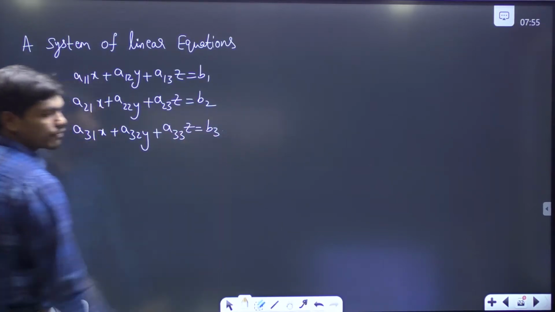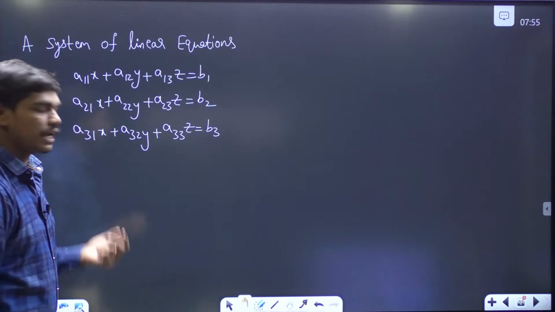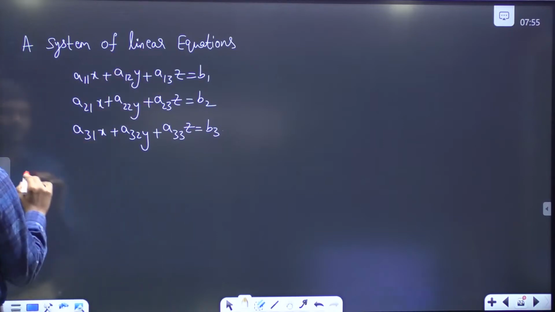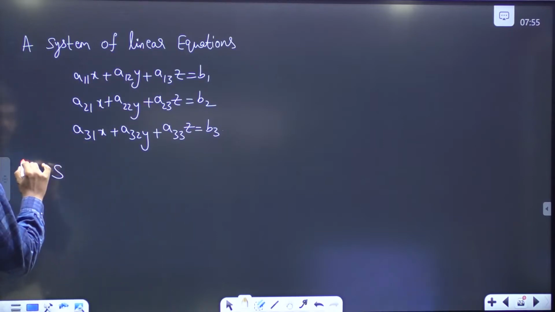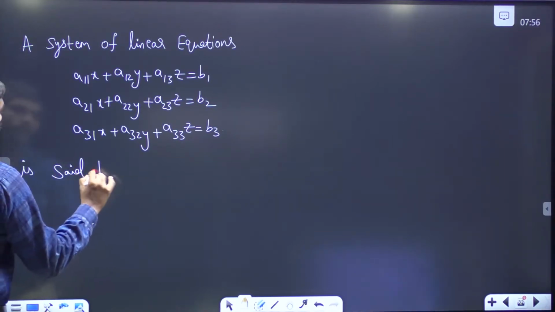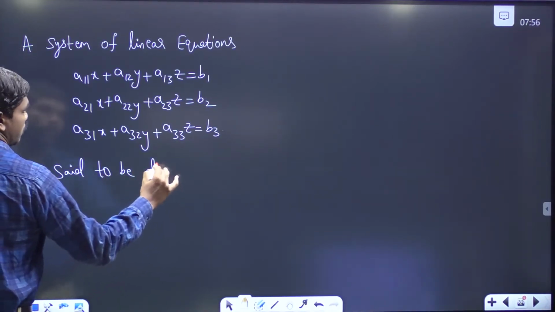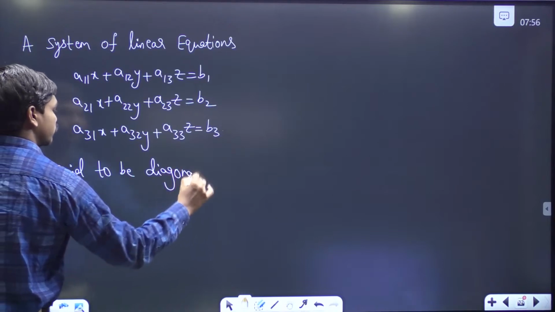If this is the system of linear equations, then we call this system as diagonally dominant. The system of equations is said to be diagonally dominant.